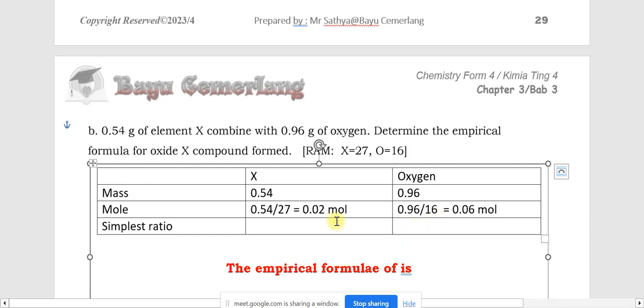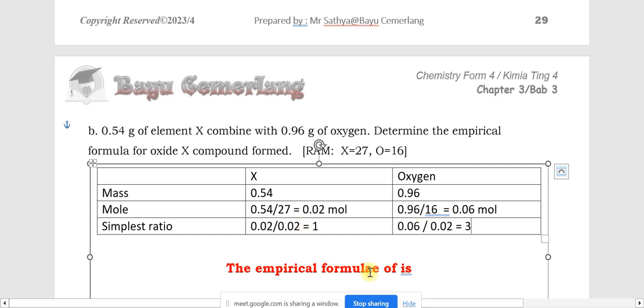Then we divide. This one 0.02 divided by 0.02, which is equal to 1. And this one 0.06 divided by 0.02, which is equal to 3 mole.